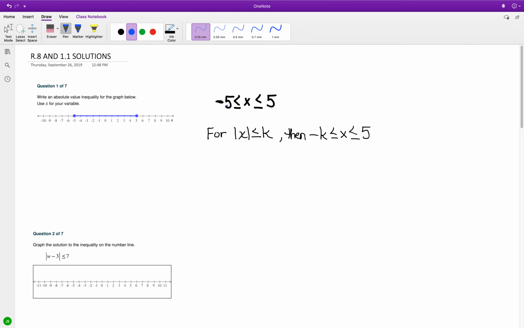In this particular setting, we have -k is less than or equal to x is less than or equal to 5.